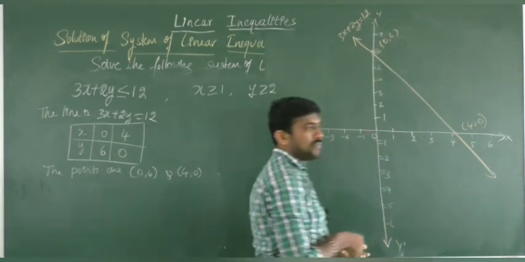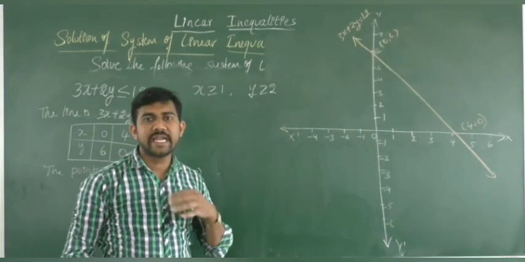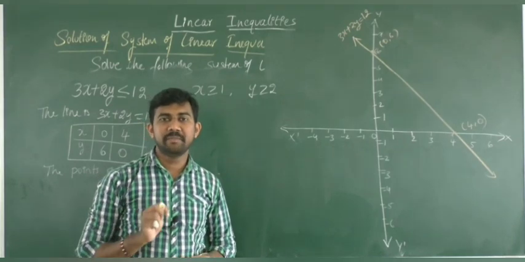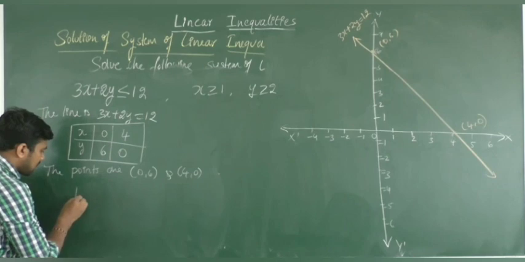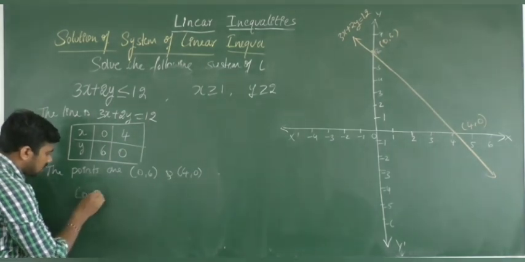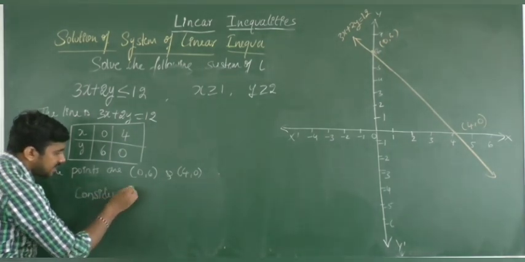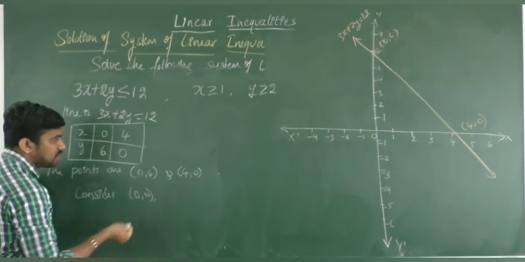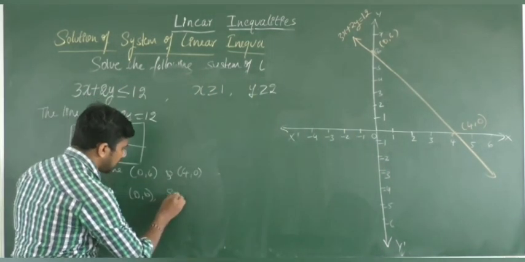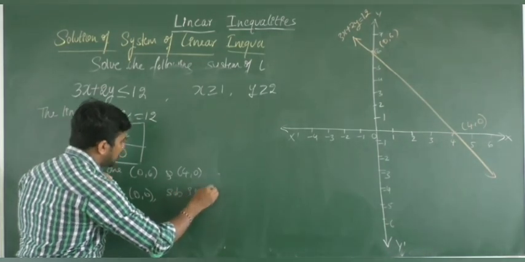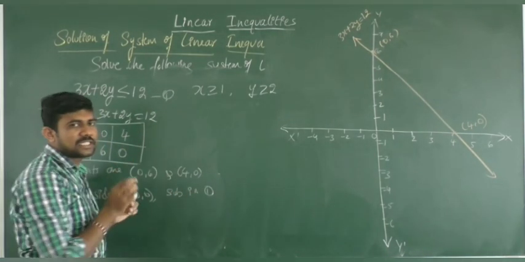Isn't it? Now, to find the solution region, again the same step, you can repeat with me. Okay, you can do it yourself with me. So consider the point, very important, don't neglect this. Consider the origin, 0, 0. Substitute in the given inequation. Okay, substitute in equation number 1, or the first inequation.